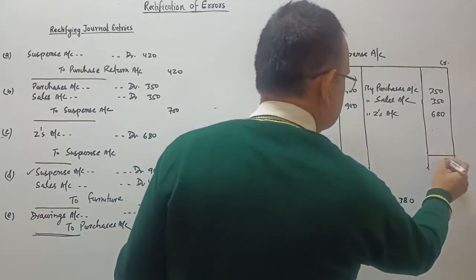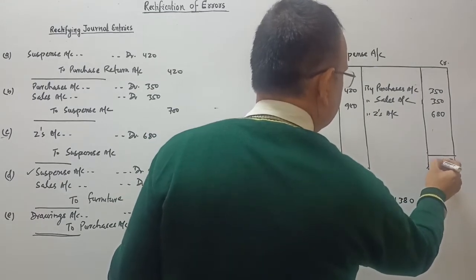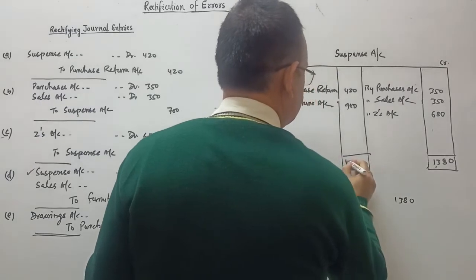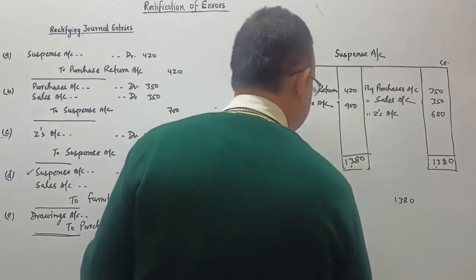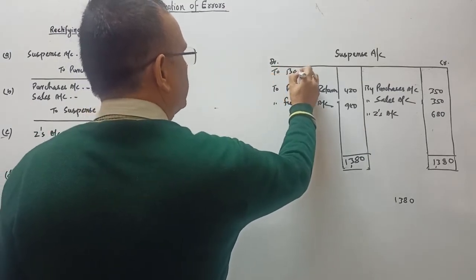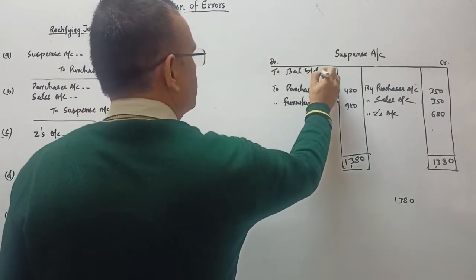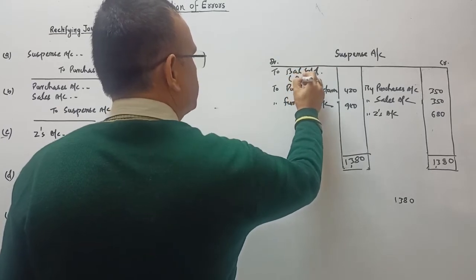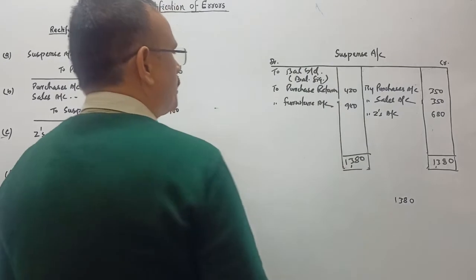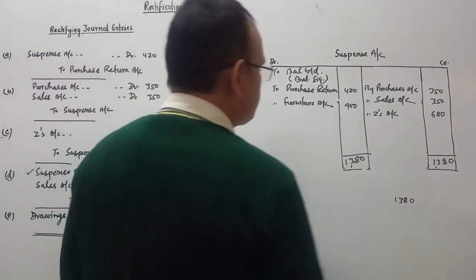So this side total is more, 1380 rupees. The credit side total is more. So the difference is the opening balance, to balance brought down. The suspense account has a debit balance. This is a balancing figure, and we are going to write it through the balancing figure.